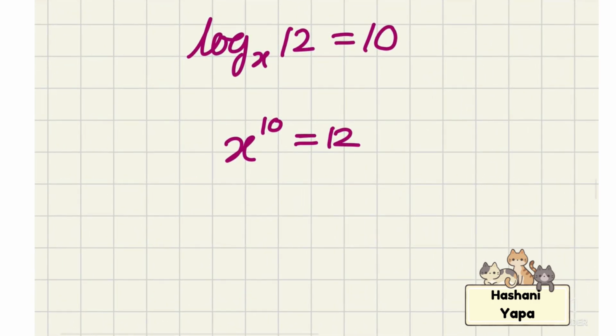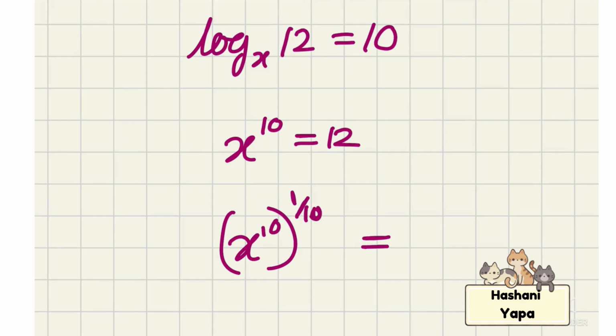Now there are two different ways that you can try. One way of doing this is to multiply this part in a way to remove that 10. So what is the way to remove that 10? You can raise x to the power 10 to the power 1 over 10. If you raise it to the power 1 over 10 here, you have to raise the 12 also to the power 1 over 10.